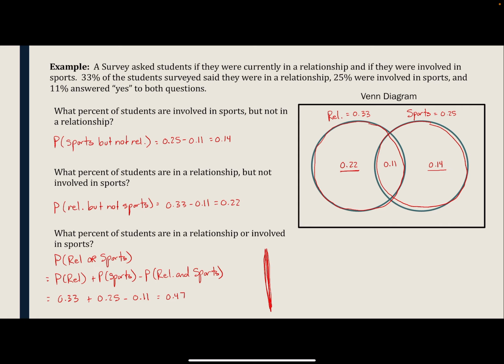If we're using our diagram, remember that "or" means one or the other or both, meaning only one, or only the other, or both. So we could add the probability of only a relationship plus the probability of only sports plus the probability of a relationship and sports.